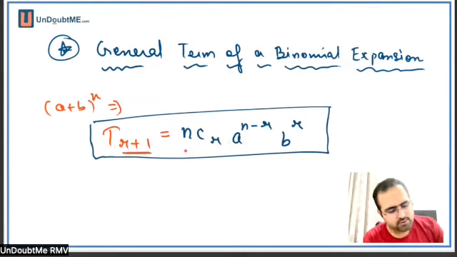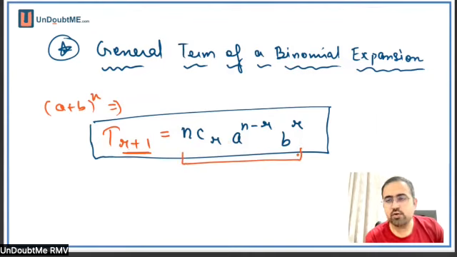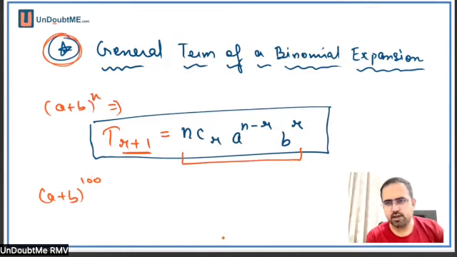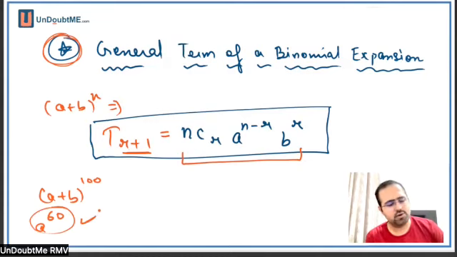Okay, so now from here onwards, I can actually write down any term of a binomial. I need not write the whole expansion. That is the real charm of this formula, and this is the reason why it is very useful. Let's say I have (a plus b) to the power 100, and I want to write the term having a to the power 50. Okay, not 50. Let me take some weird number. Let's say 60. 60 will be considerably difficult as compared to 50.